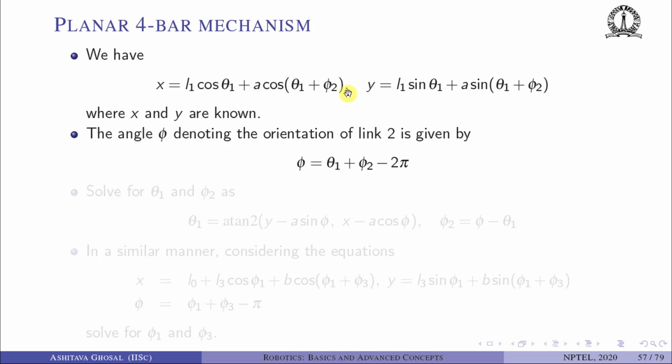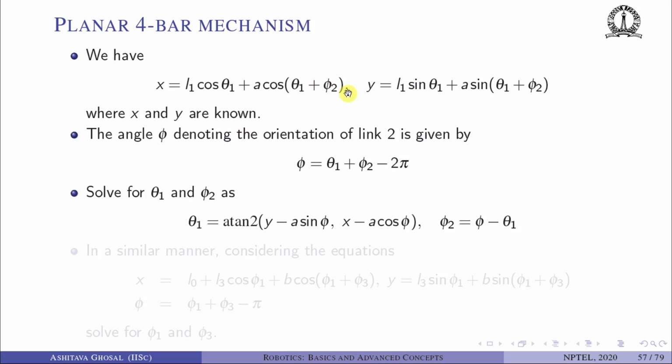We have done this in the lectures a long time back when we looked at capital X, capital Y at some point on the planar 3R, and then we did some squaring and adding, and some manipulation to show what theta 1 and phi 2 are. Theta 1 is nothing but atan2 of (Y minus A sin phi, X minus A cos phi).